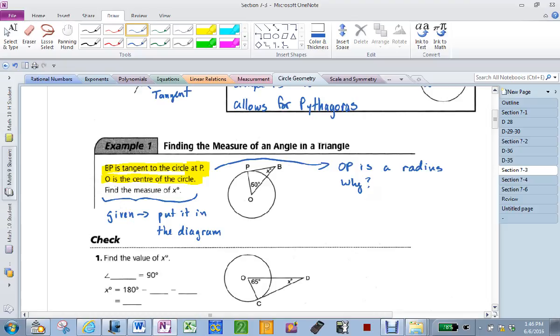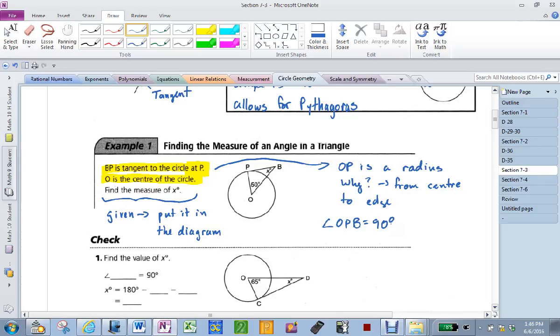Because it goes from the center to the edge. And now, once I know that's a radius, since BP is a tangent, what do I know about that angle? That it's 90 degrees. OPB equals 90 degrees. Because of what we just proved, yes?